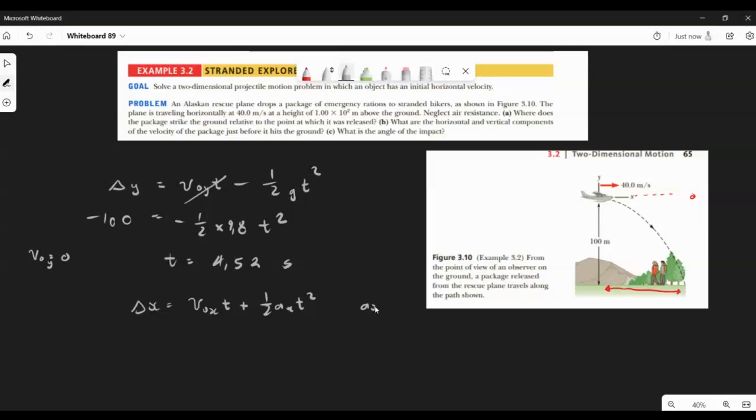And remember, a_x is always 0. There is no air resistance, so nothing else is accelerating the body, right? So this falls away, and our delta x will be equal to v_ox times time.